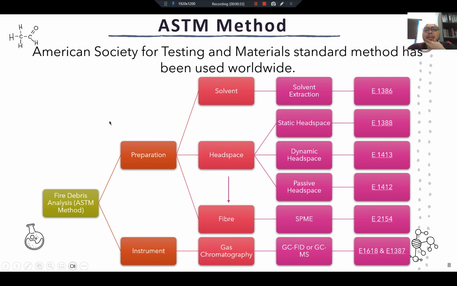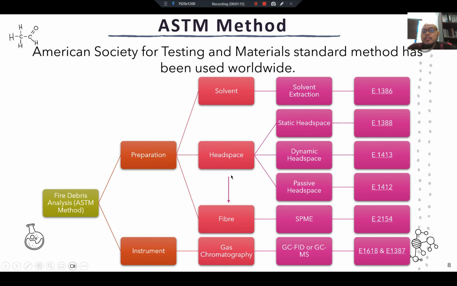For sample preparation, there are several kinds. We can have solvent extraction, static headspace, dynamic headspace, passive headspace, and SPME. I divide it into three: directly using liquid solvent, and headspace. The three headspace methods don't use fiber.